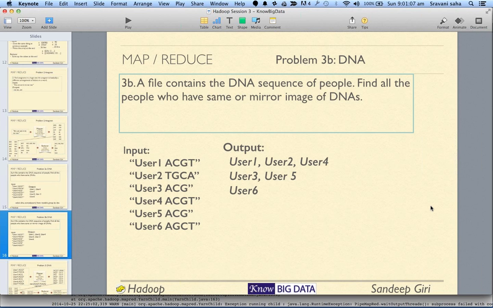Reverse the DNA. Okay. The key should be the reverse of DNA. Is that what you're saying?